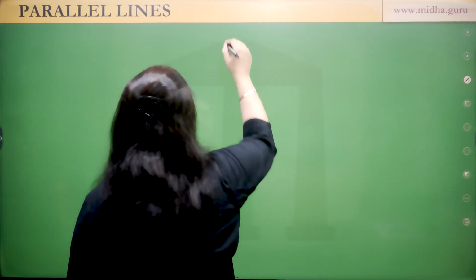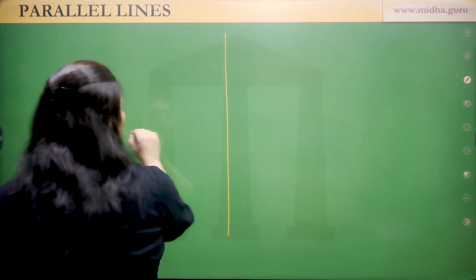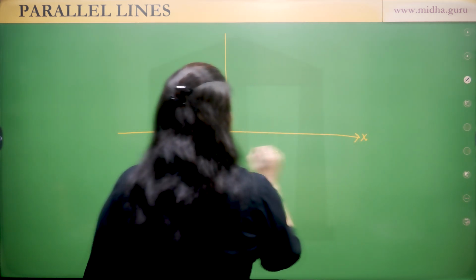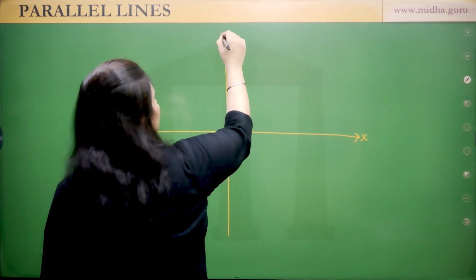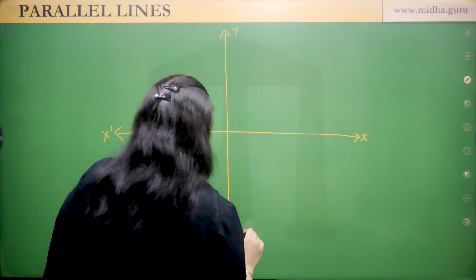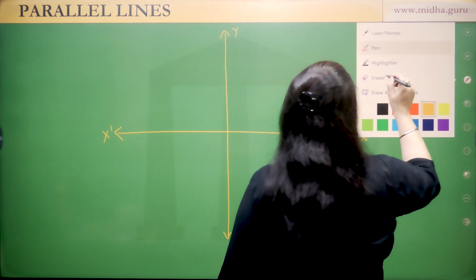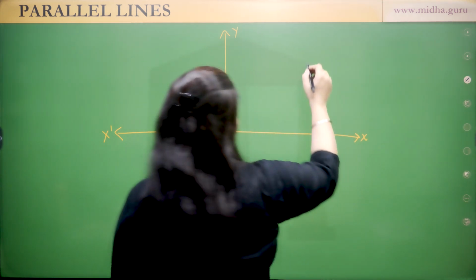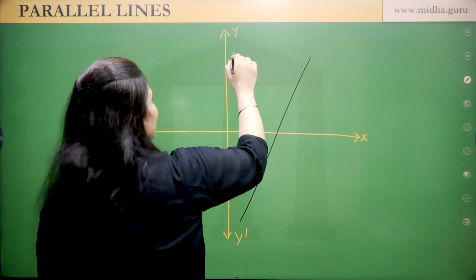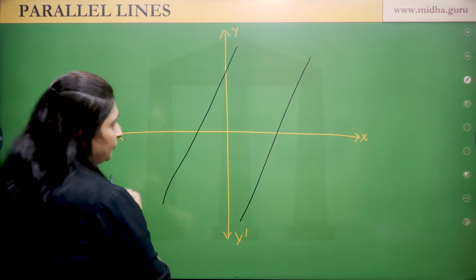Now we are going to find the slope of two parallel lines. This is one line, draw another parallel line. This is another parallel line, right?